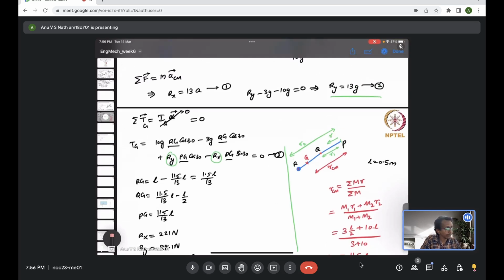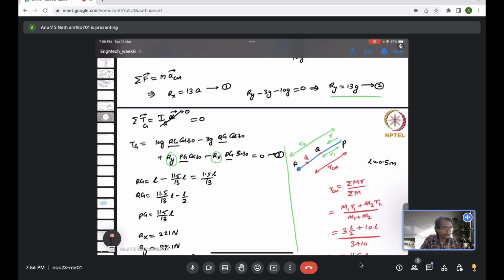Yeah, so if you see equations 1, 2 and 3, equation 2 is already solved to get Ry, right, because it's just 130 Newton if you substitute, so Ry is known. Now if you substitute that value back into equation 3, then you can see the only unknown in equation 3 is Rx, right.